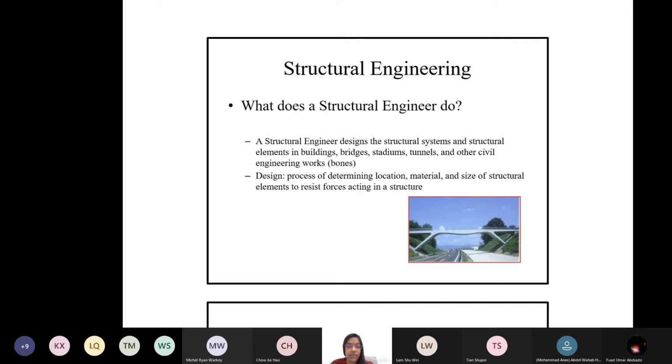Design is supported by analysis. Coming to design, it is the process of determining location, material, and size of structural elements to resist forces acting on a structure. It might be location, where the maximum, where the minimum; material, come out with the Young's modulus, the Poisson ratio, your properties, factor of safety and so on.